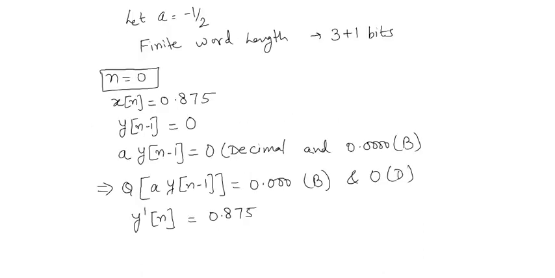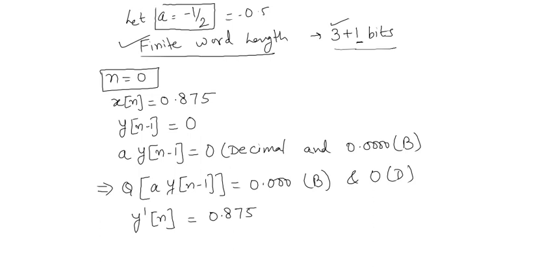Now let's take the coefficient a as minus half, so we can also write it as minus 0.5. Now one more thing, we will assume that we have a finite word length of 4 bits, where 3 bits are to represent the numbers and 1 bit is your sign bit, right? Word length is essentially nothing but the number of bits we have to represent a word.